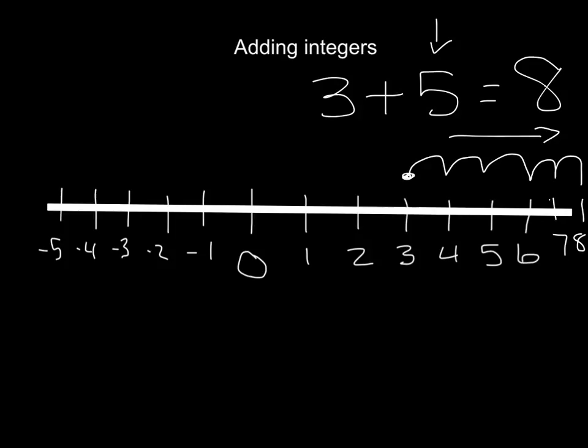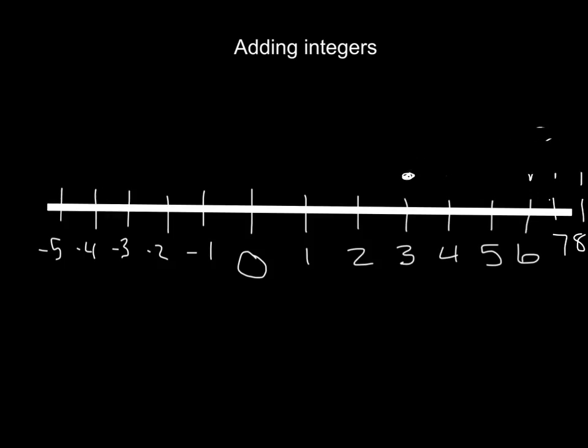Okay, so now we want to talk about negatives. So what happens when I have two negative numbers? If I have negative 2 plus negative 6, on my number line, what I want to do is start at negative 2, and then I'm going to move 6 in the negative direction.